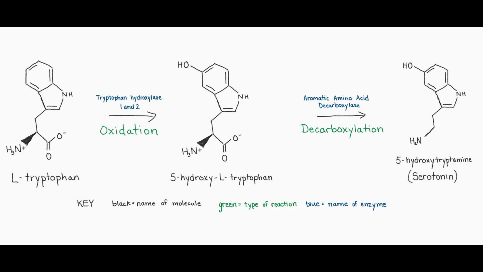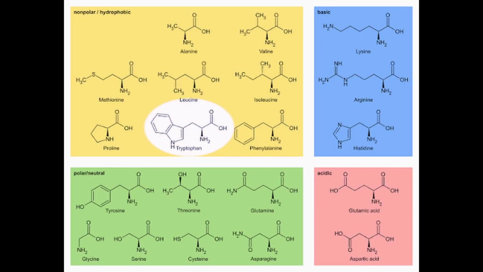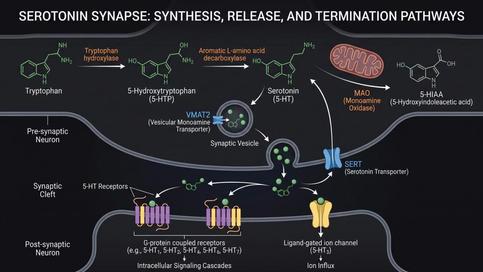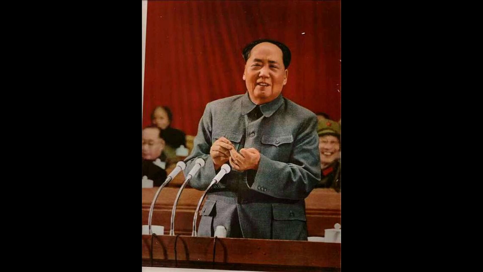But what is a precursor of serotonin? It turns out it is tryptophan, one of the essential amino acids. The rest of the cycle is similar to other neurotransmitters: incorporation into vesicles, release into synaptic clefts, activation of G-protein coupled receptors, removal from synaptic cleft, and degradation by MAO.